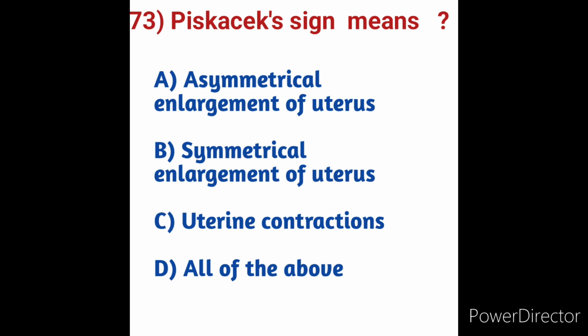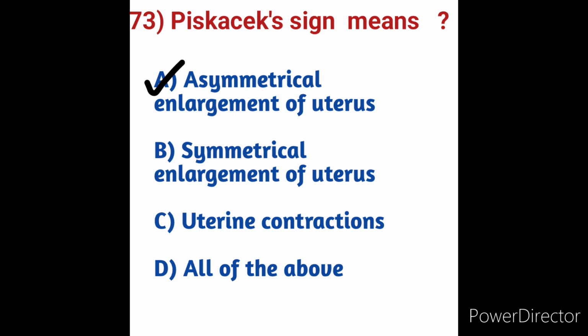Here the Piskacek's sign means asymmetry that the uterus presents in a gynecological physical exam. We can identify it in physical exam. It is an asymmetrical enlargement of the uterus. So here in these options, option A is the correct answer. Piskacek's sign means asymmetrical enlargement of the uterus. So option A is the only correct answer.